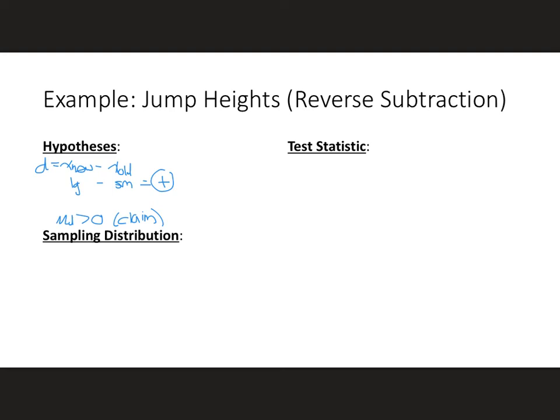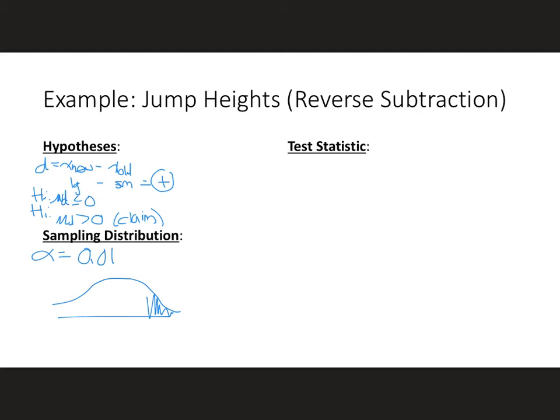And this is our alternative hypothesis. So our null hypothesis is mu sub d less than or equal to 0. Alpha is 0.01. This will be a right-tailed test because it's greater than.